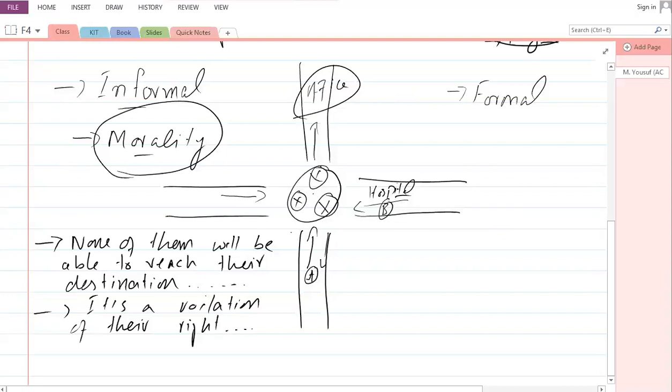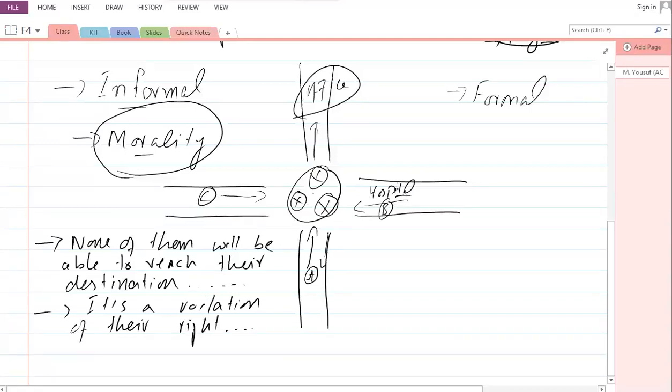Same is the case with Mr. B. This is his social right to visit a hospital if he is not feeling well. Same can be the case for Mr. C, who wanted to go to his relatives. So he is unable to visit his desired location due to this intersection which is not formally controlled.